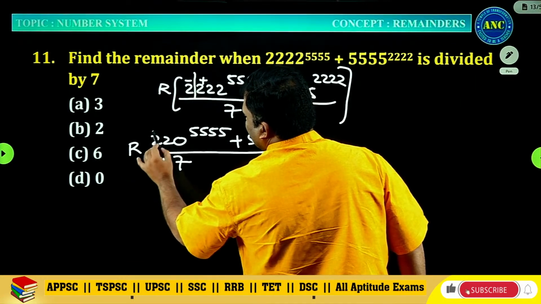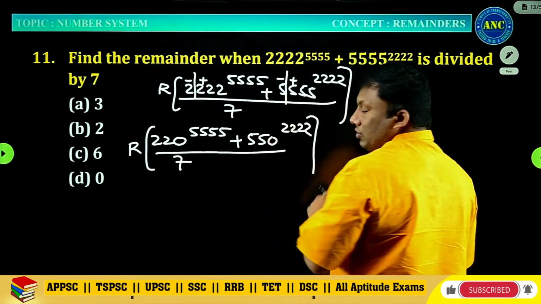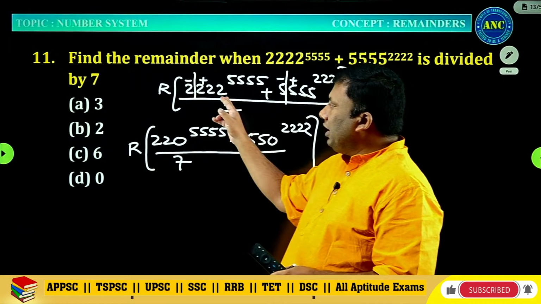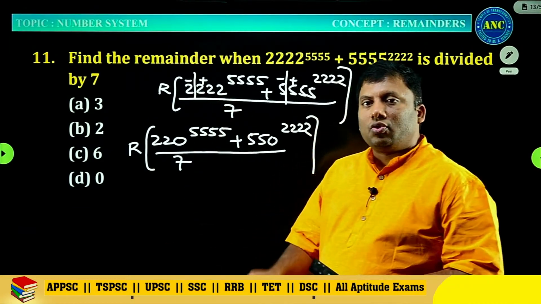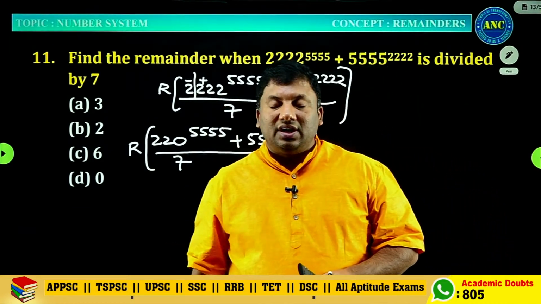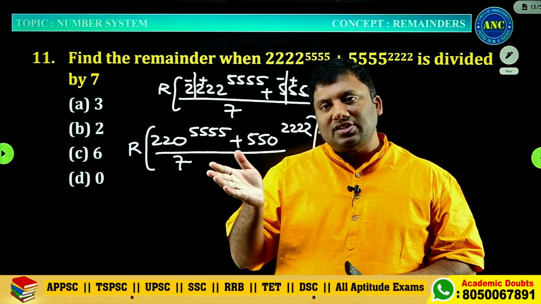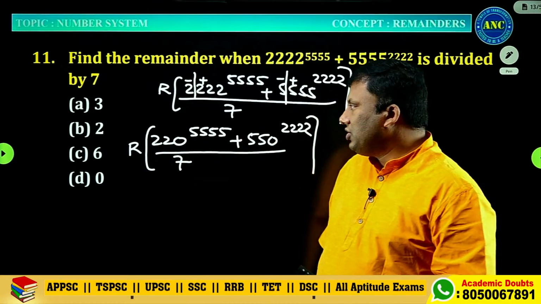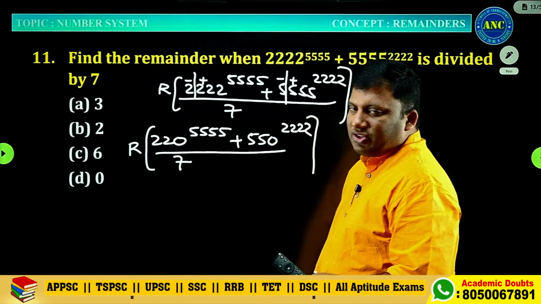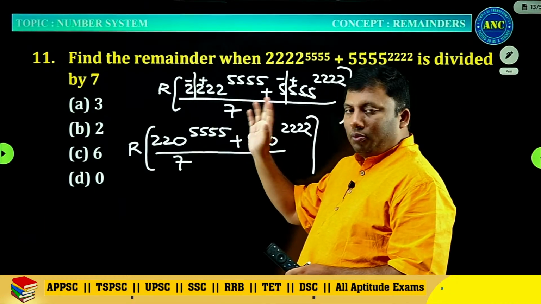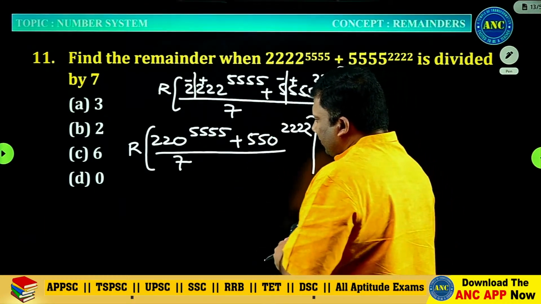I decreased the number of digits. The divisibility rule of 7 is: start from the right hand side, take a group of 3 digits, alternately plus minus. 222 minus 2, 220.